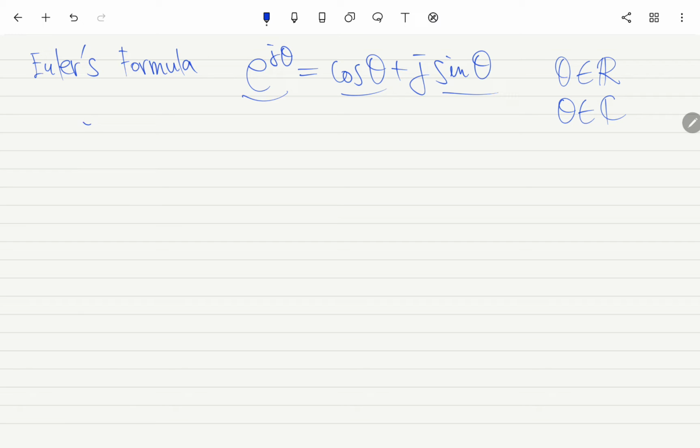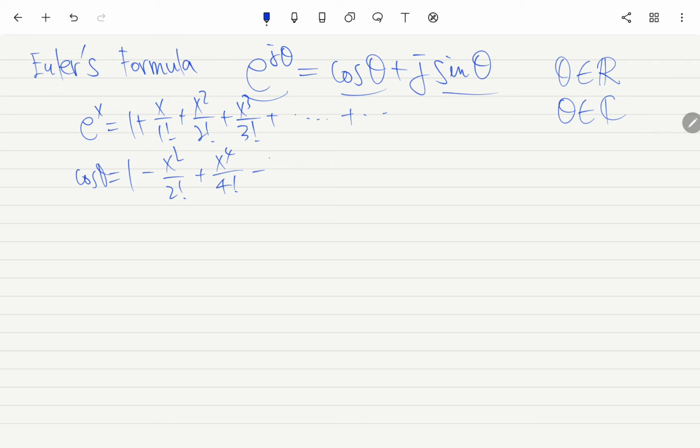We know that exponential to x equals 1 plus x over 1 factorial plus x squared over 2 factorial plus x cubed over 3 factorial all the way up to infinity. We also know that cosine of x equals 1 minus x squared over 2 factorial plus x to the 4th power over 4 factorial minus x to the 6th power over 6 factorial all the way up to infinity.